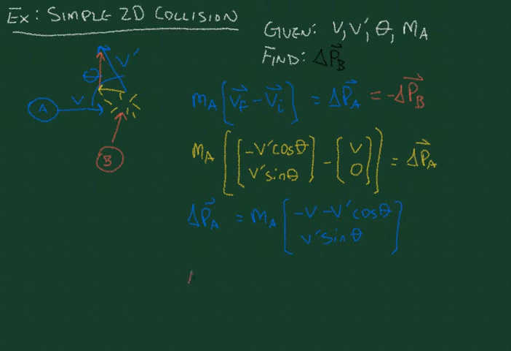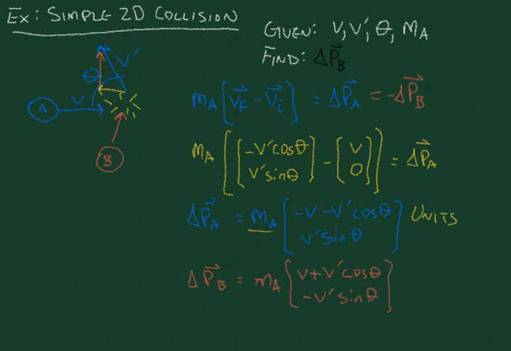So that means that the change in momentum of B is just minus ma, or we can pull it in: ma times, on the inside, v plus v prime cosine theta, minus v prime sine theta. Okay, so again, we want to check our units. Do the units check out?